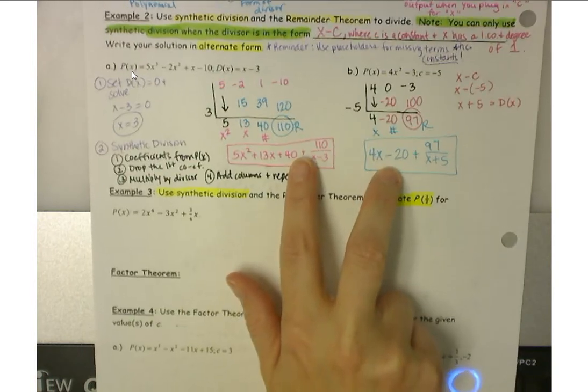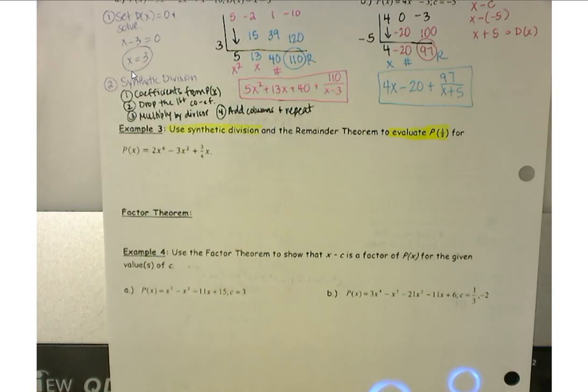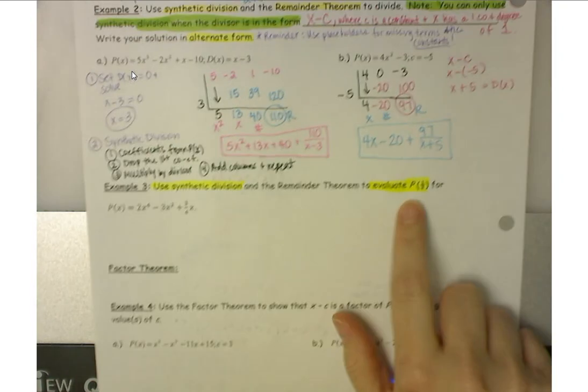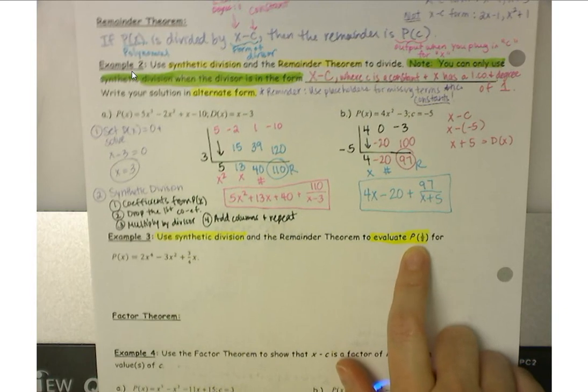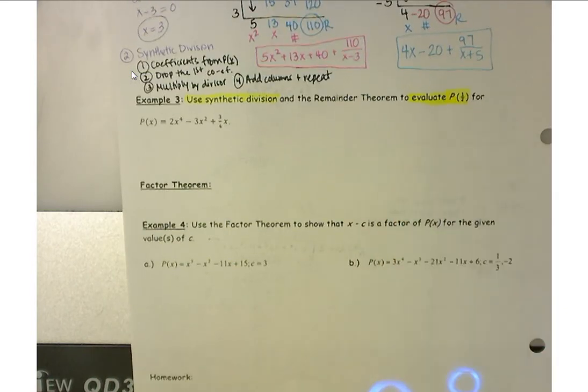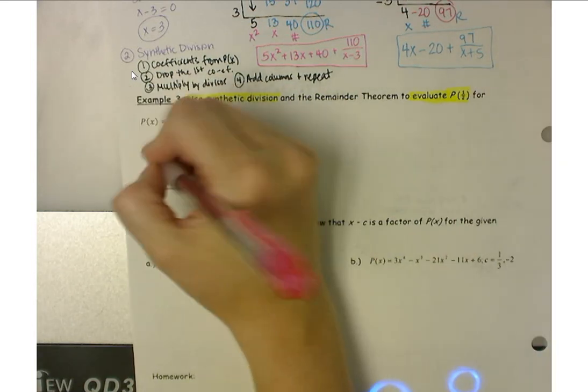This doesn't say we're dividing, it says that we're doing what? Evaluating. If you're evaluating something, what does your answer generally look like? Some kind of number, right? Some kind of value. So we are going to be using the remainder theorem a little closer here. So when we're evaluating p of 1/2, that means your c value is what?